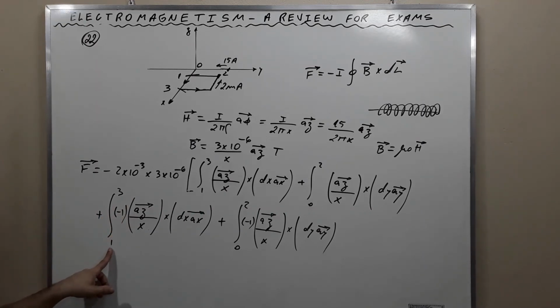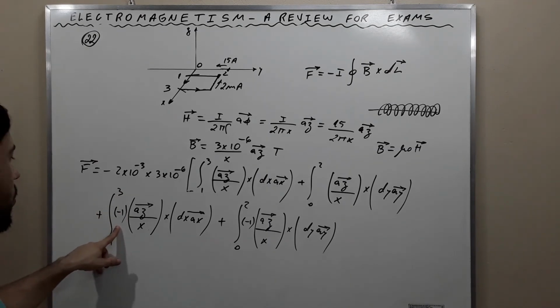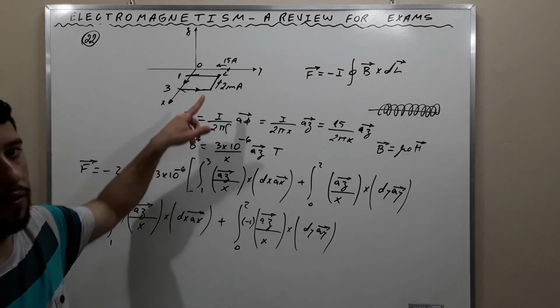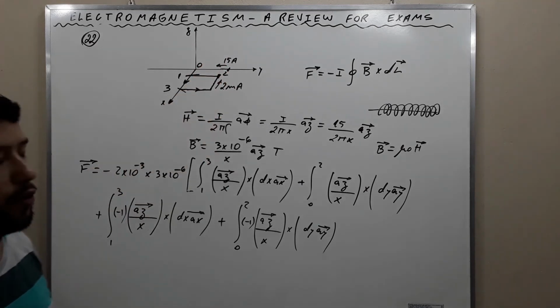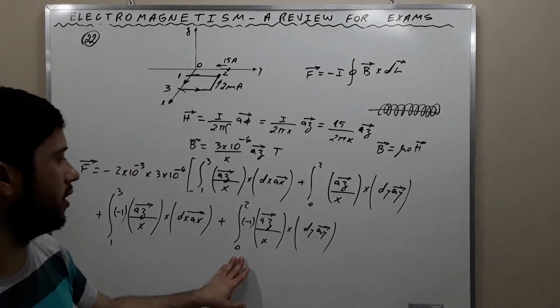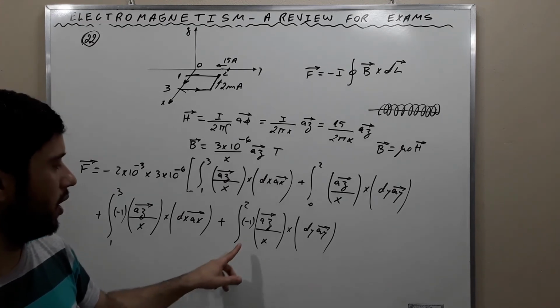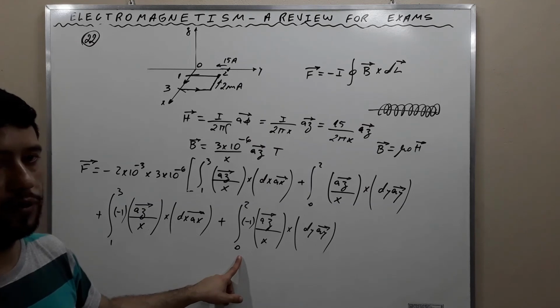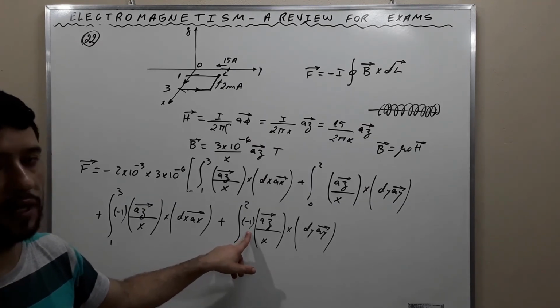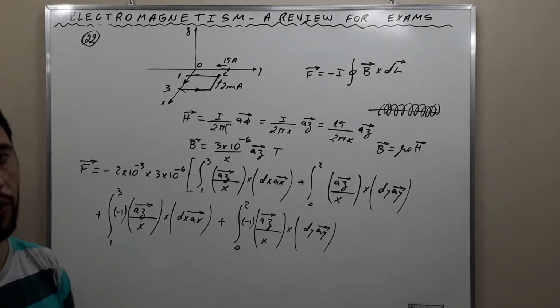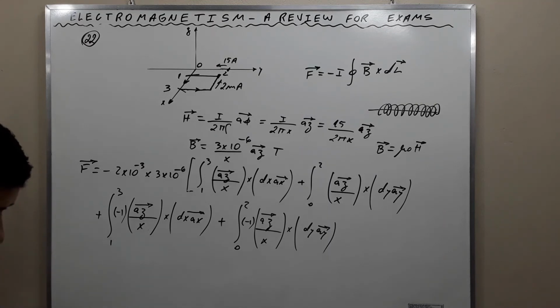But if you prefer to put from 1 to 3, you need to put a negative sign here to symbolize that you are going in the opposite direction from 3 to 1. And the same here, you are going from 2 to 0. And if you want to put from 0 to 2, you need to put this negative sign here to symbolize that you are going in the opposite direction.